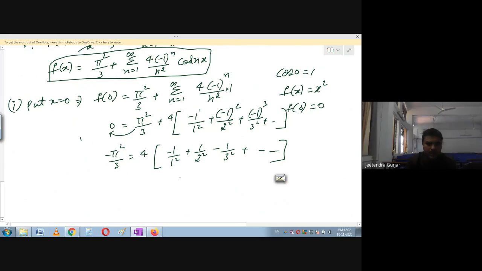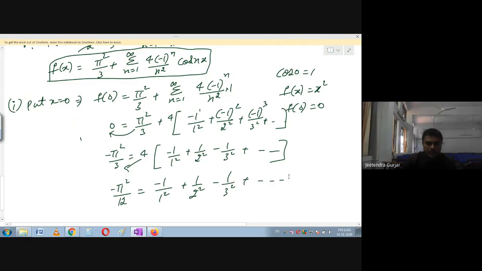I will take this 4 to the other side and get −π²/12 equal to this value. Keep this value as it is, students. Don't change this value.